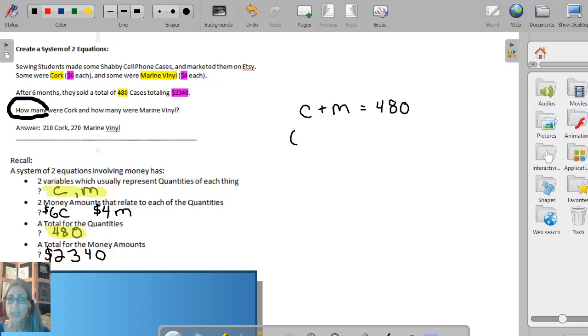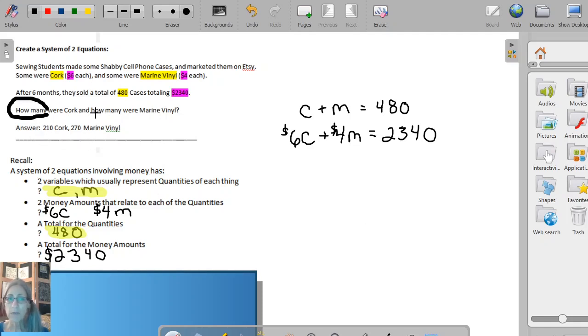So $6 times each cork plus $4 times each marine vinyl. Remember, these give us a monetary amount. That equals $2,340.